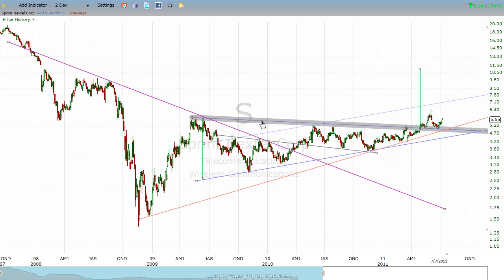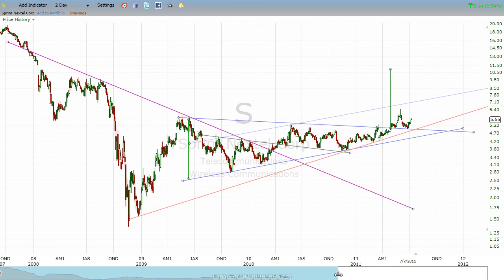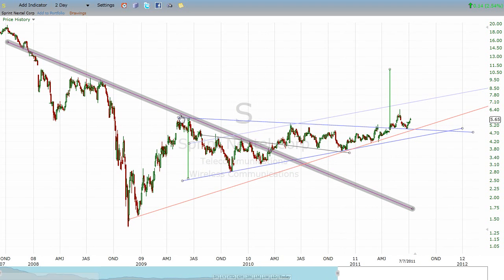If you look at these darker blue lines, this one and this one, ever since the formation of that right shoulder, it appears to me that Sprint has been in something of a consolidation pattern.